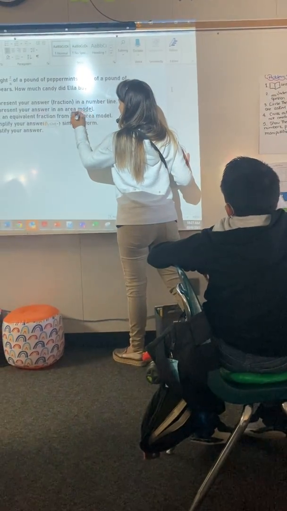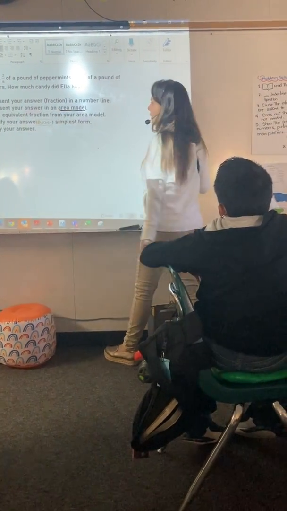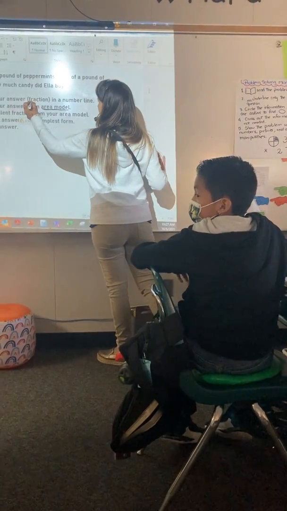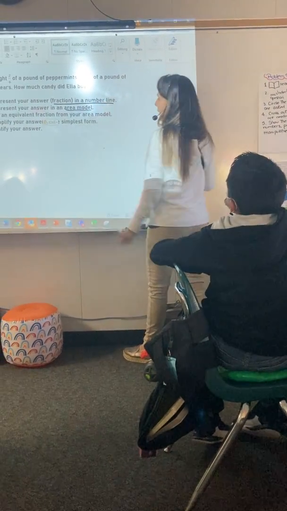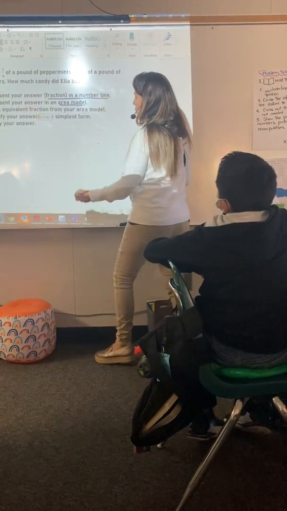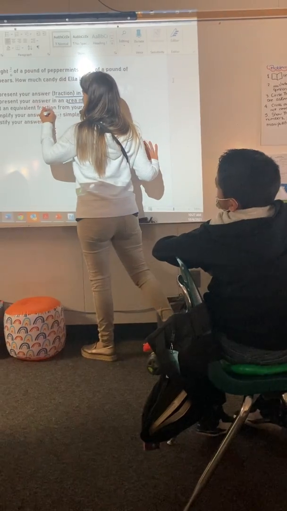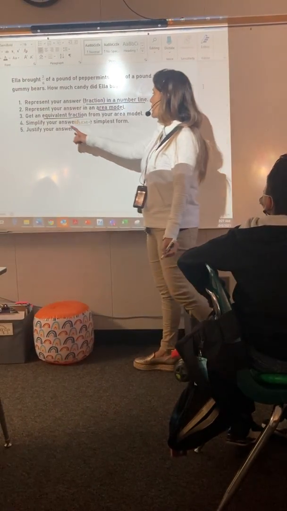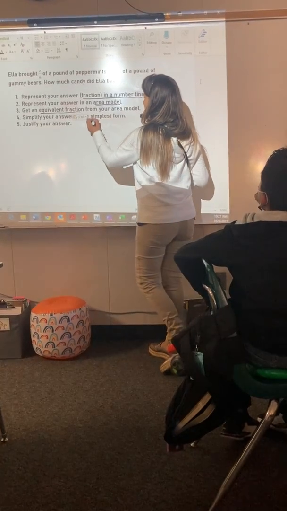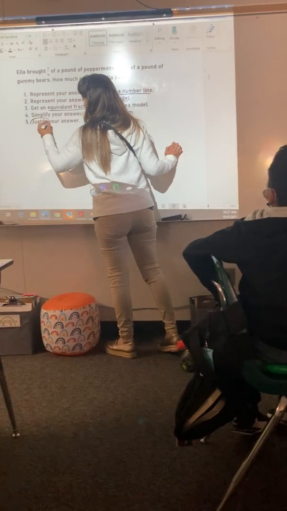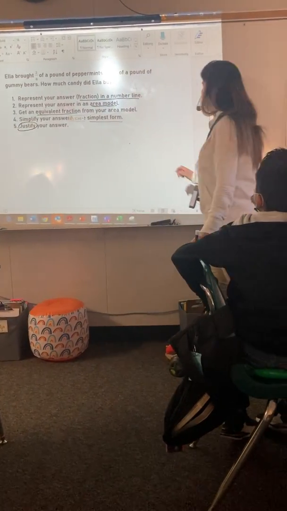Let's underline the important things I'm asking you to do. You're going to represent your fraction on a number line. Then you are going to get an equivalent fraction from your area model. Then you're going to simplify your answer to the simplest form. And the most important thing, I want you to justify your answer, okay?